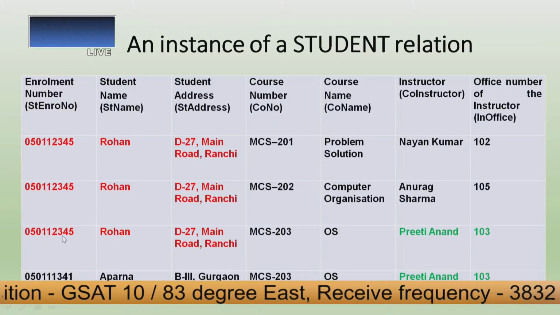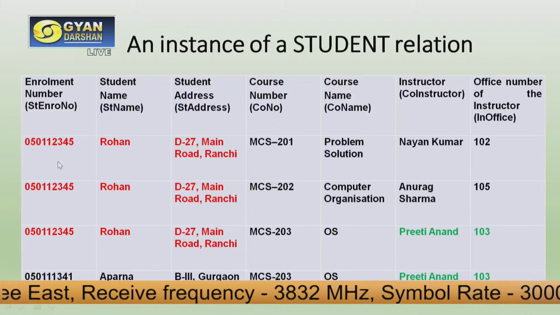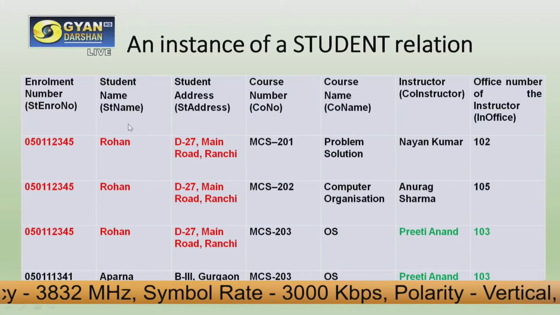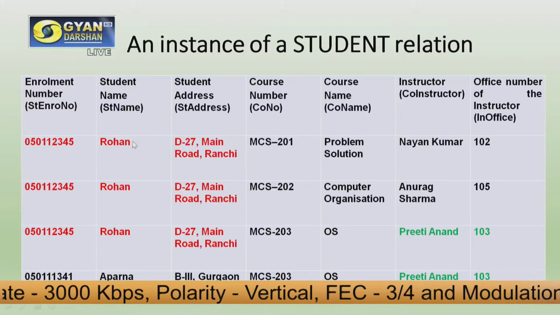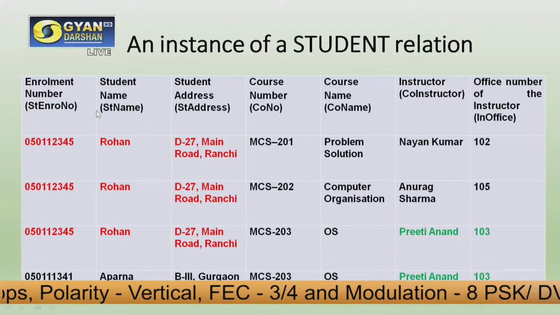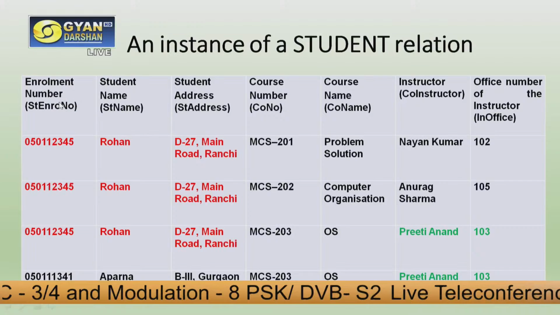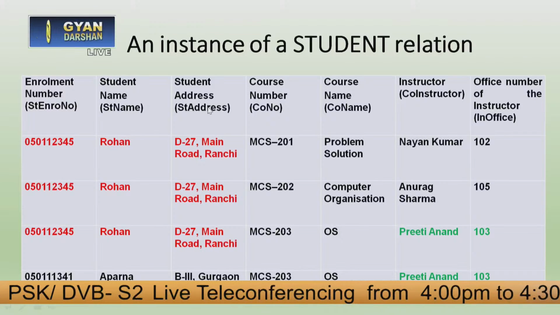All the places, a consistent name has to be Rohan. That means the enrollment number attribute can functionally determine student name as well as student address. They are also the same, right? So this is what we can say. There is going to be a definite functional dependency from enrollment number to student name as well as student address.